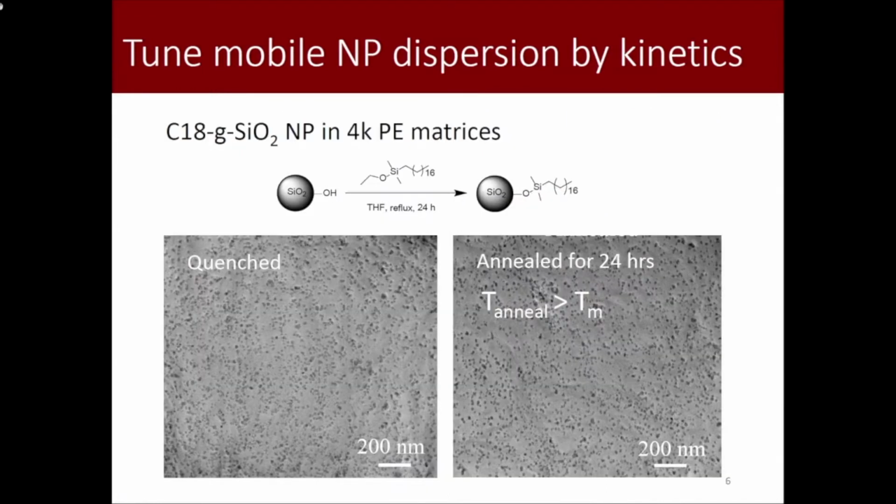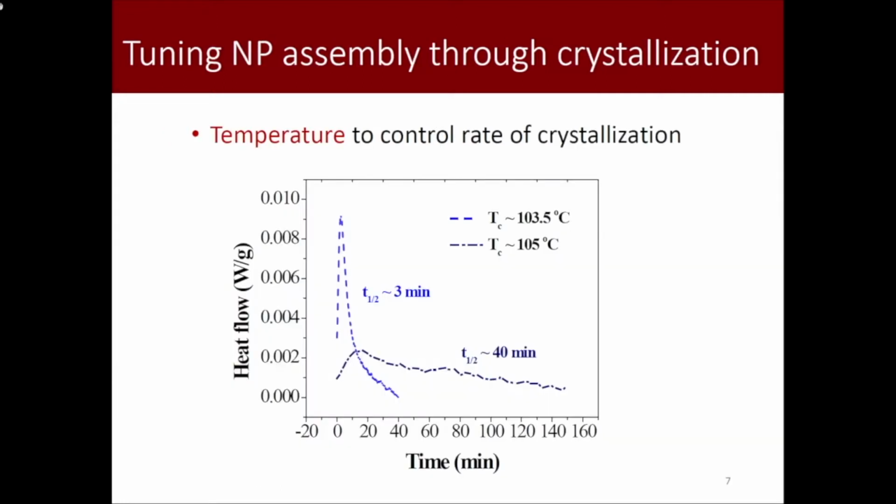Here is an example with the 4K molecular weight matrix, where we achieve very well, individually dispersed nanoparticles. This is very stable: after annealing at high temperature, above the melting temperature, the dispersion stays. Then we control the crystallization rate to tune the diffusivity of the nanoparticles.